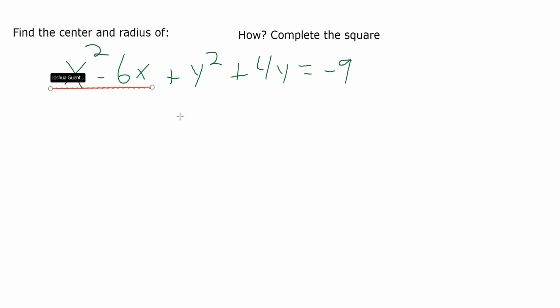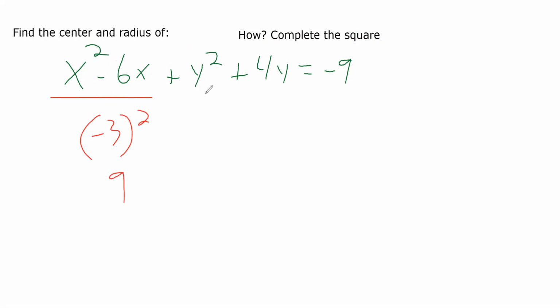Now remember, if you were to complete the square, you're going to take half of this number here. You're going to take half of -6, which is -3, and you're going to square it. So first of all, half of -6 is -3, but then you square it, and you'll get 9.